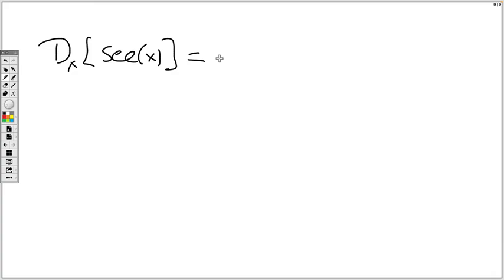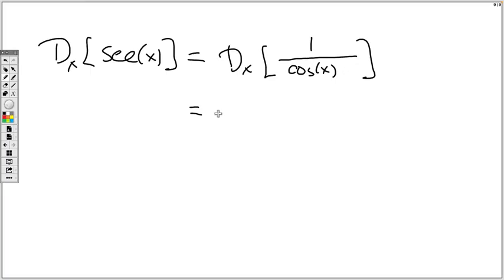Good thing I can rewrite secant as what? Secant is 1 over cosine. And even though we're going to learn a rule tomorrow, that is a better way to approach these kinds of problems. At this point, we're stuck using what rule? Quotient rule.